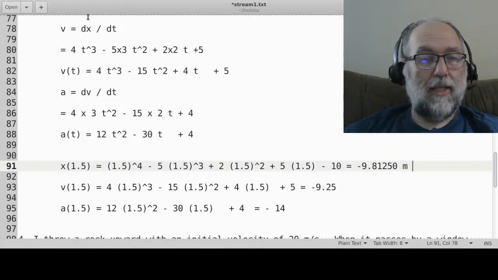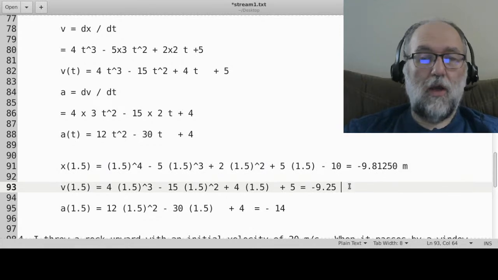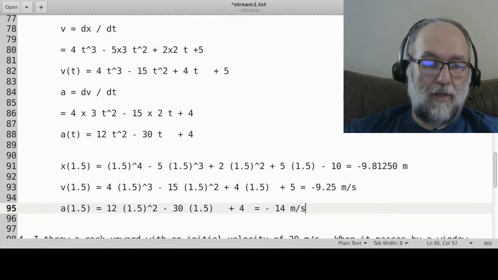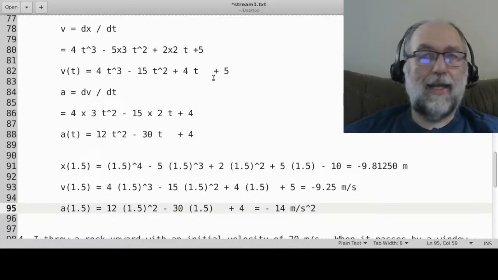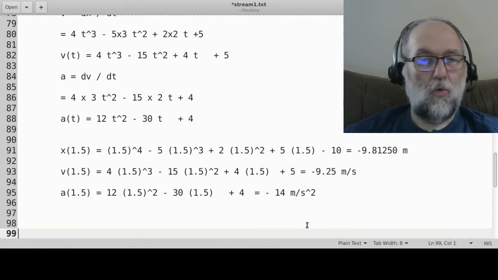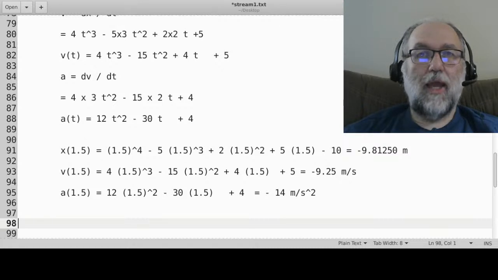The velocity would be negative 9.25 meters per second, and the acceleration would be negative 14 meters per second squared. That answers question number 3, for the Physics 101 students. End of the question.